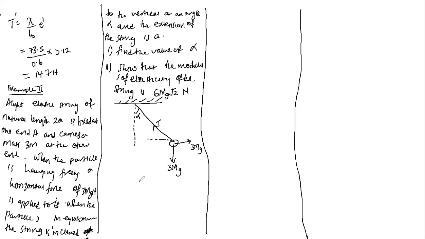So with this, we can carry out the procedure to find tension first, because to find the modulus, you need to have tension. Now we shall find tension using either resolving or Lami's theorem. The shortcut here is Lami. If I use Lami, it will look like this.